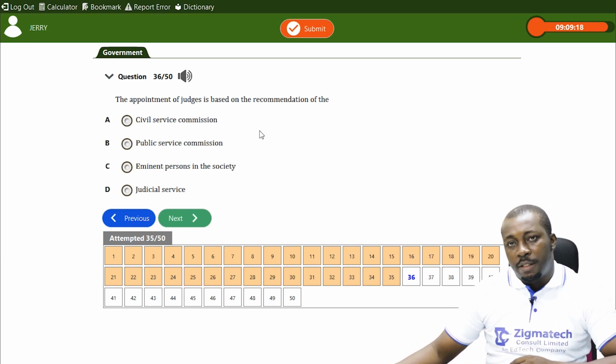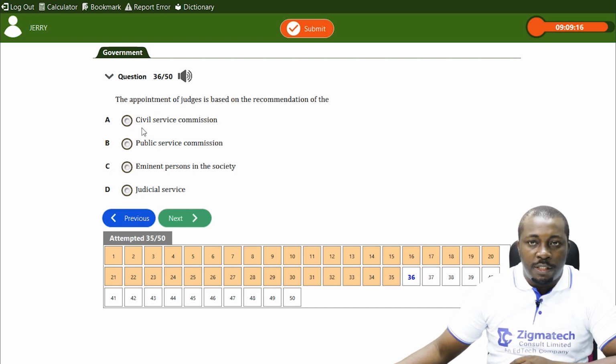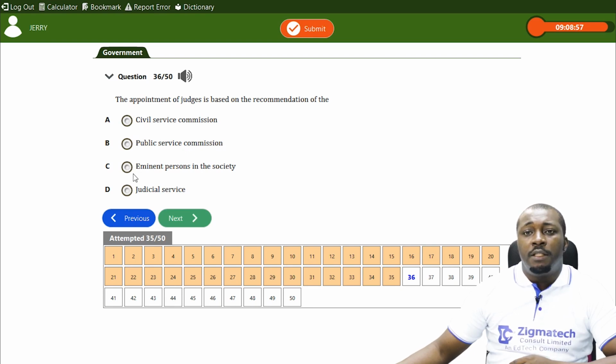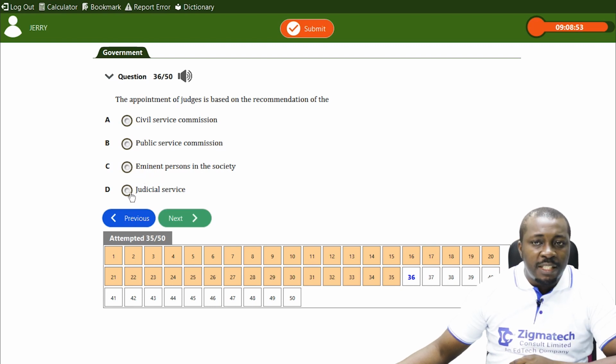Of course, the president will not sit in his office and do it. A body recommends. It's not the civil service, which is A. Civil service is different; the civil service is even part of the executive. It's not public service either, which is a broader concept. It has to do with all the agencies and departments of government. Is it eminent persons in the society that recommend? No. It's the Judicial Service Commission, which is where we have the bench, the judges.